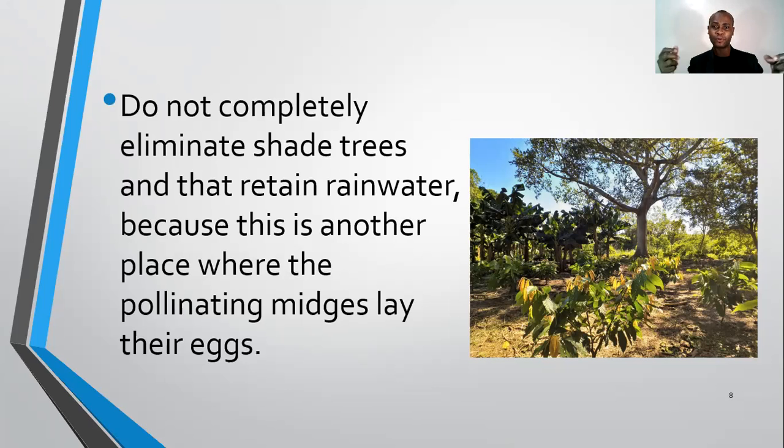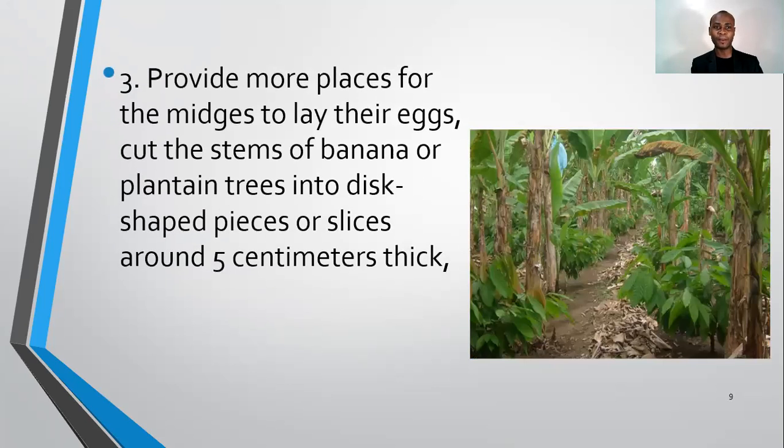If you don't even put water by yourself and it rains, those holes are going to collect water, and the midges will lay their eggs in the water, reproduce, fly back to the trees, and get pollination to happen. Provide more places for the midges to lay their eggs.